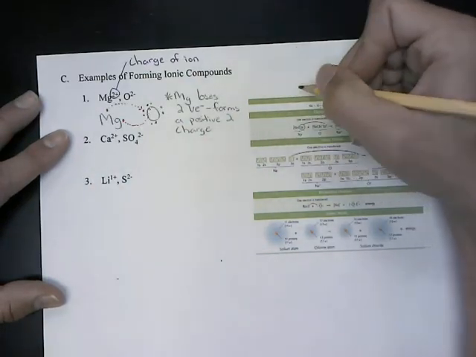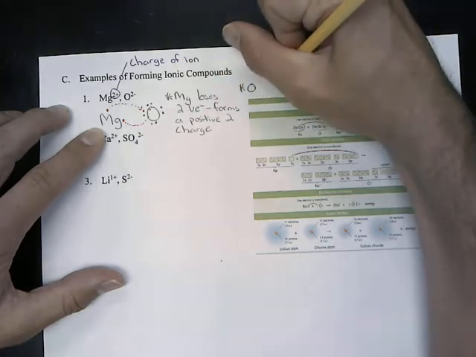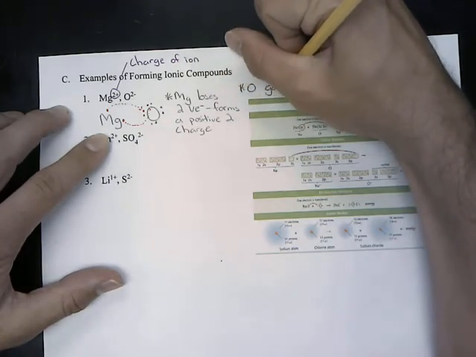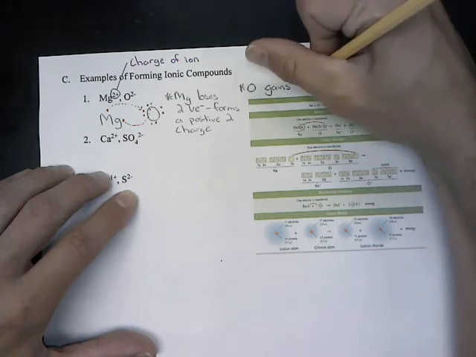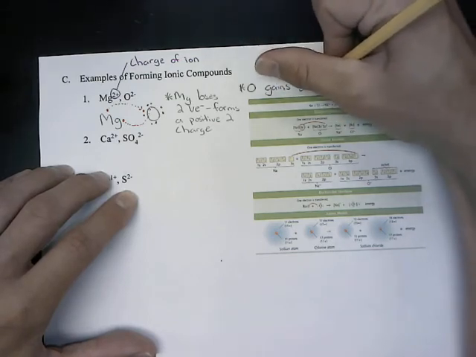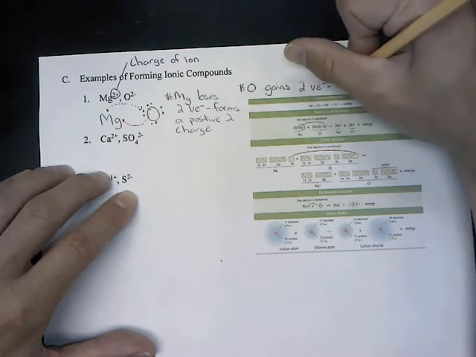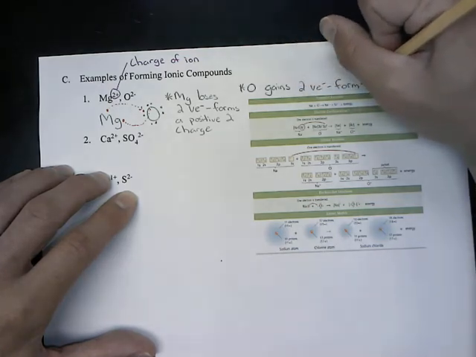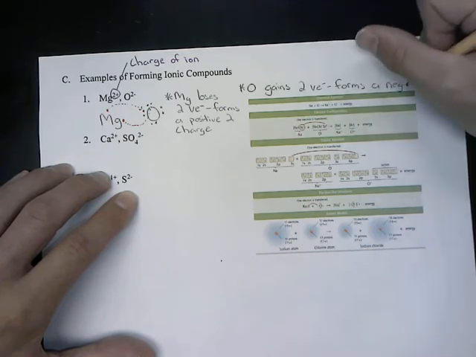Now, oxygen, I'm going to write this to the side here. Oxygen gains 2 valence electrons. That forms a negative 2 charge.